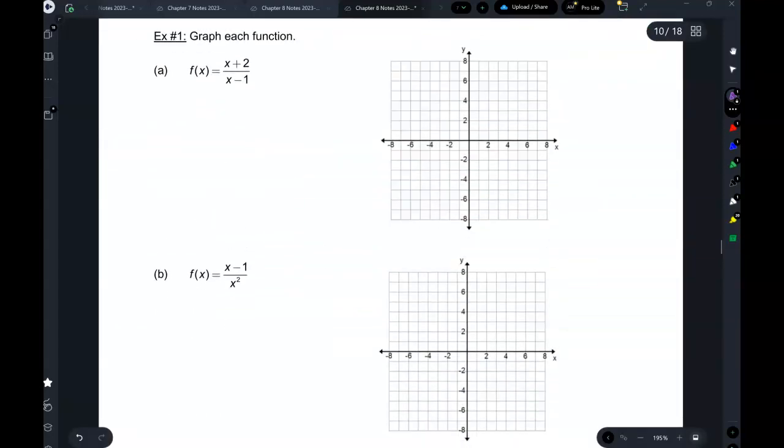All right, so here we go. To graph the function, you have to find everything we just talked about. So first, let's find the 0. For that, you just say x plus 2 equal to 0. X equals -2. So we have a 0 at -2 comma 0. Okay. Vertical asymptote. We have to set the denominator equal to 0. X equals 1.